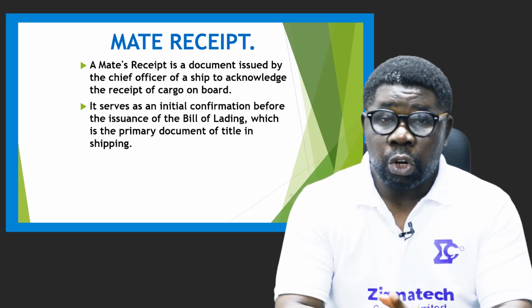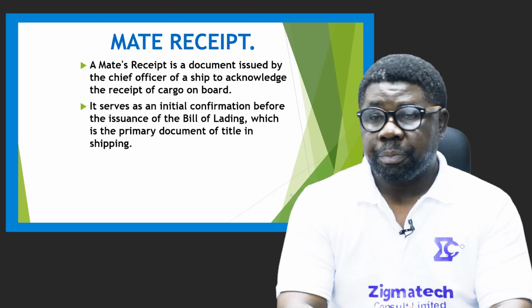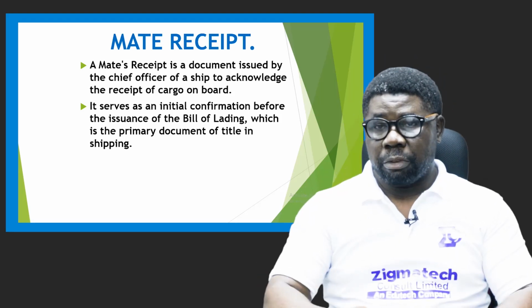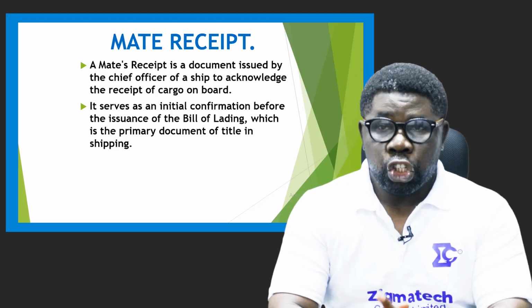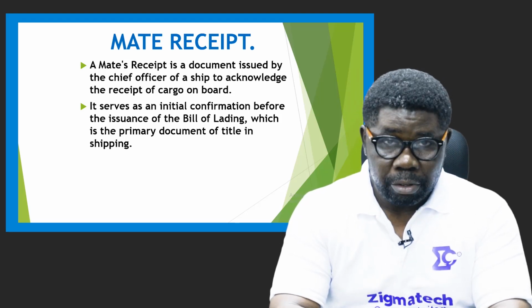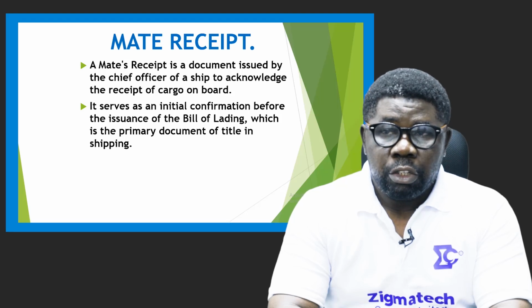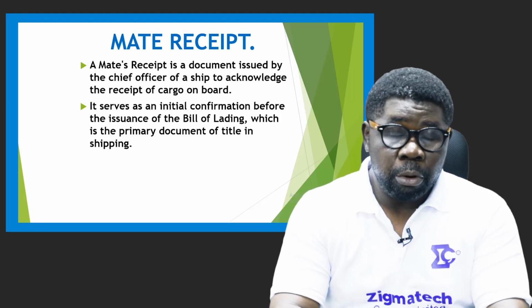So one of them is called a mate's receipt. So what's a mate's receipt? A mate's receipt is a document issued by the chief officer of a ship to acknowledge the receipt of cargo on board.